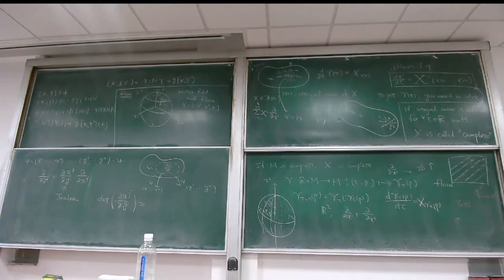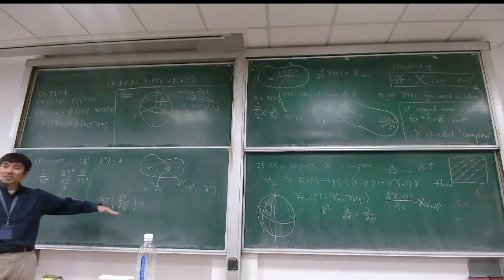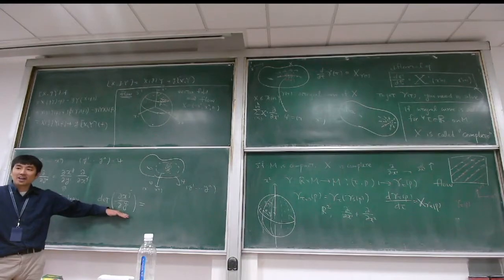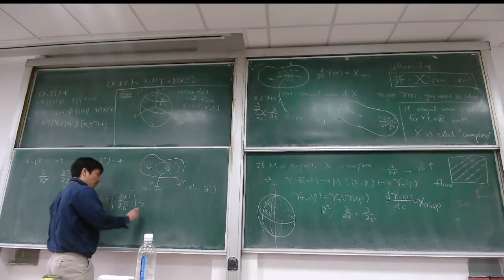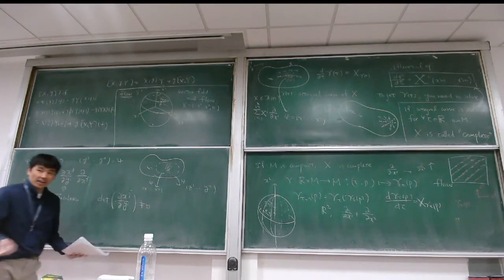If it becomes zero, these are no longer linearly independent, so something weird happens. They're not good local coordinates. So this is definitely non-zero, but the question is the sign.